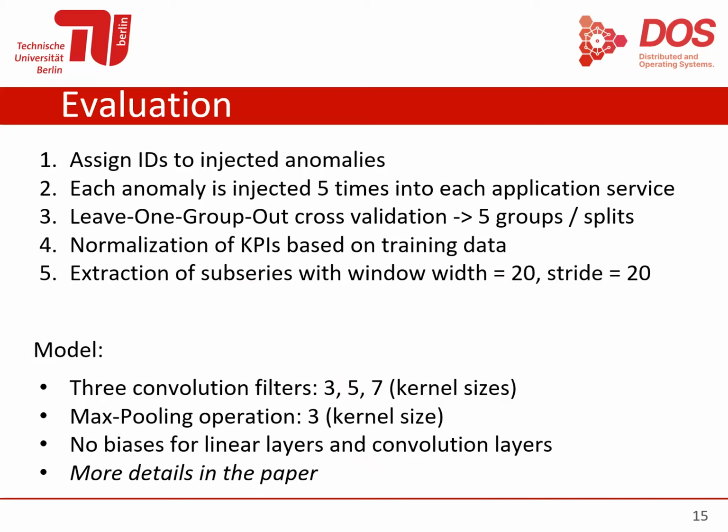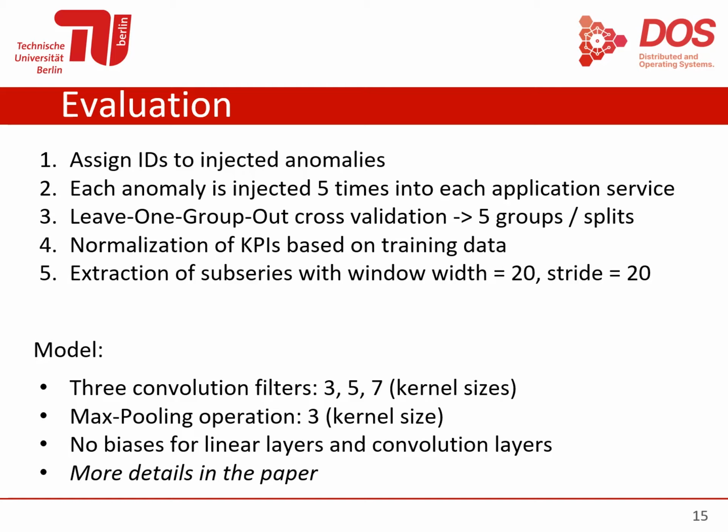For the evaluation, we first assign IDs to the sequentially injected anomalies. It is worth mentioning that each anomaly is injected 5 times into each application service. So then later, when we use leave-one-group-out cross-validation, we arrive at 5 groups or 5 splits into training data and validation data.